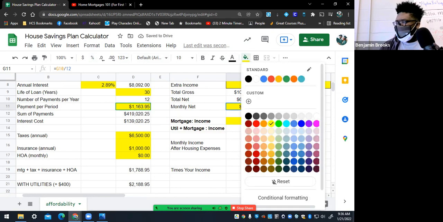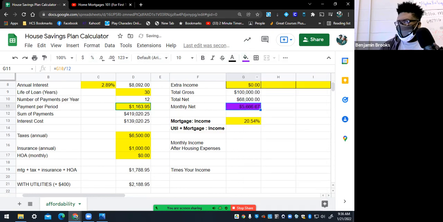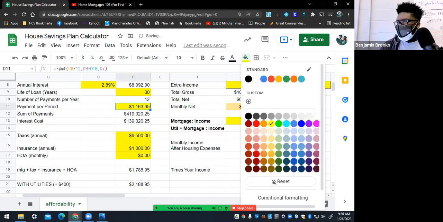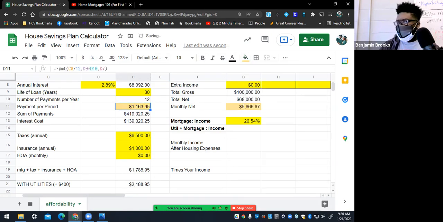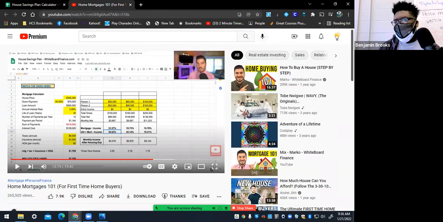Actually, I'm going to put these in orange. And like I said, you can customize this however you want. But here we go. Does that make sense? So in other words, you can see that your mortgage is 20.5% of your income.